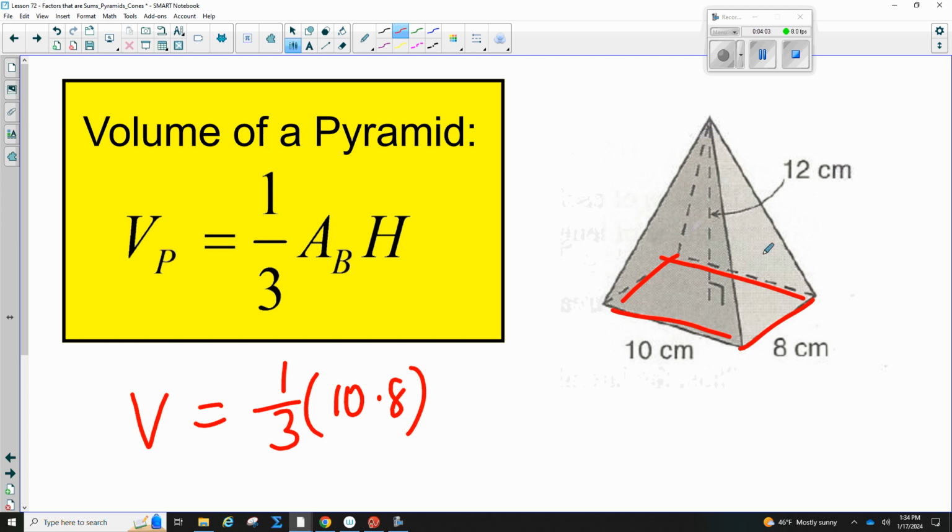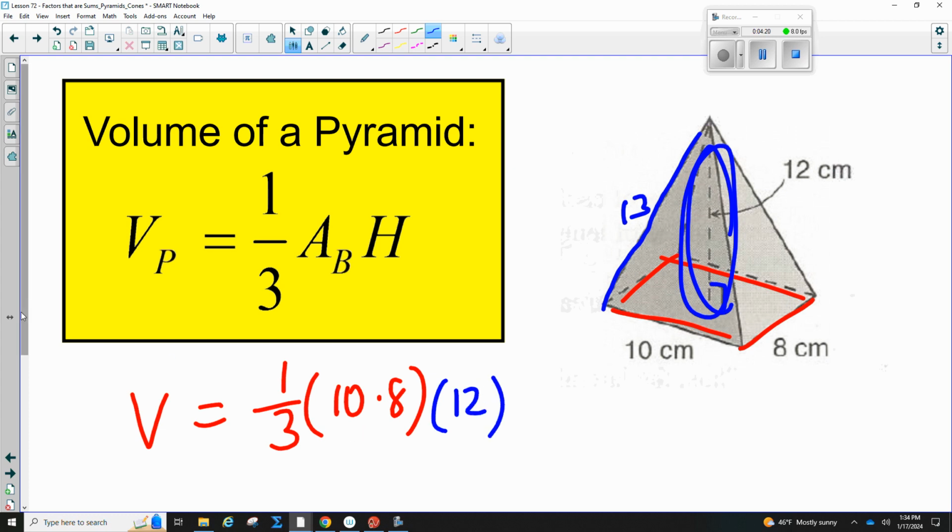Now, the height cannot be a slant height. If they gave you, let's say this leg was 13 right here, don't pick the slant height. Notice that this height makes a right angle with the base. That's the height you have to pick, so I plug in 12. Then we evaluate.